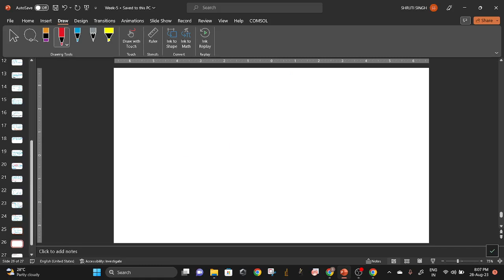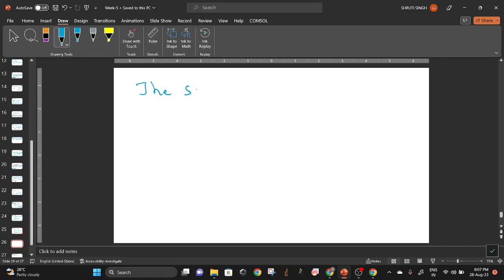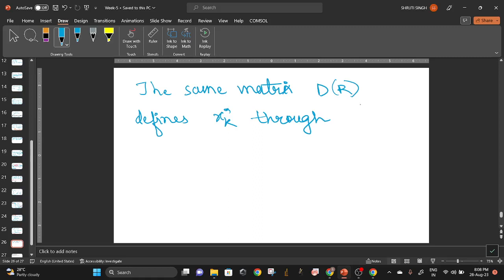The only one sentence over there is written that the same matrix R defines xk dash through equation 3 and ek dash through equation 1.